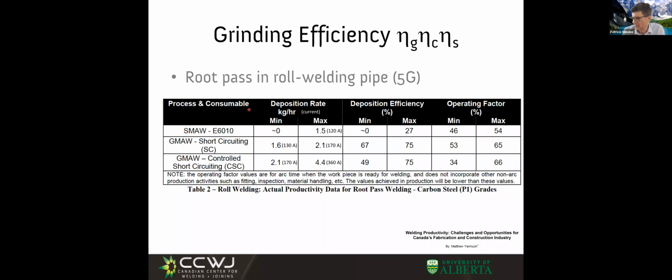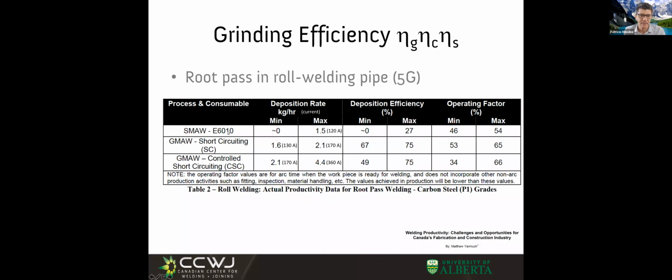Isn't this awesome? This table was done in a report led by MatE, a very well-known welding engineer in this province, and a close friend and very knowledgeable.